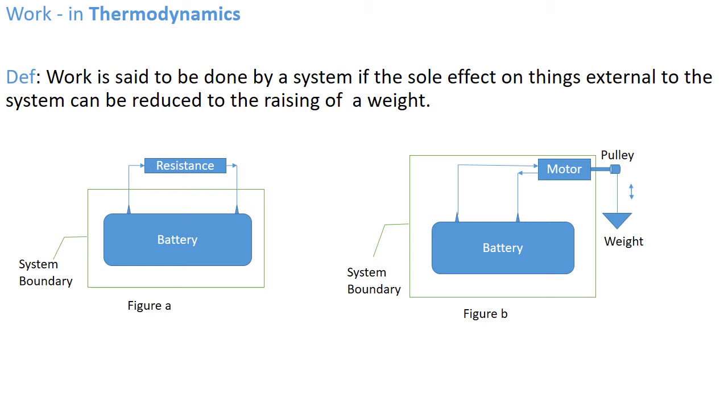Hence, the sole effect external to the system has been reduced to the raising of a weight. Hence, according to the definition of work in thermodynamics, this interaction can be called work, though actually no weight has been raised through any distance.